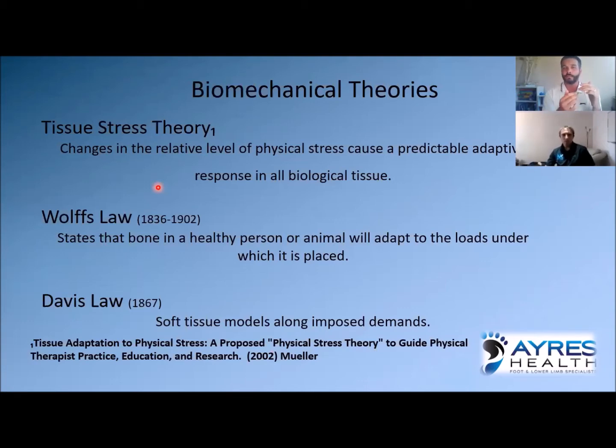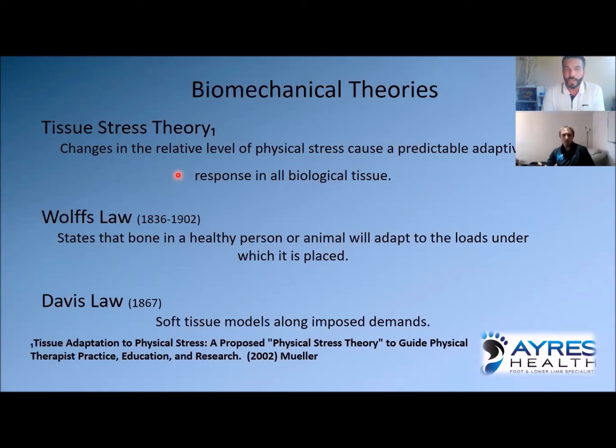So if we start adding more impact to bone, then bone is going to become denser and stronger. If we add more tensile load to tendon, then tendon is going to become stronger and more resilient. And if we start subjecting muscles to more strain and more load, then the muscles are again going to become stronger.